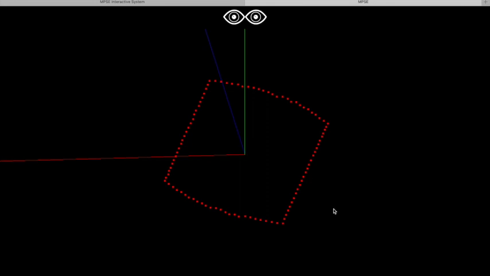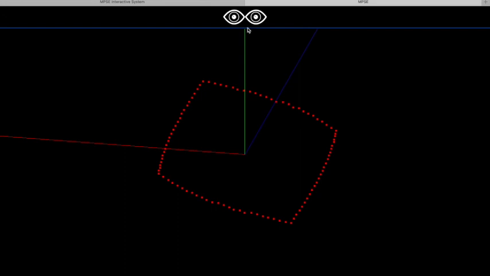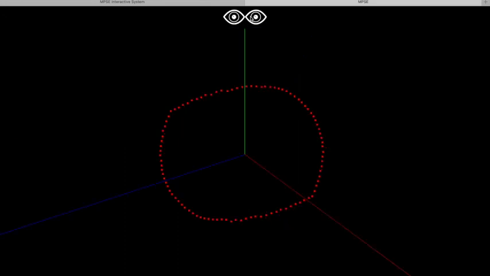As we can see, in both cases, we were able to place the points in 3D so that the corresponding projections approximate a circle and a square.